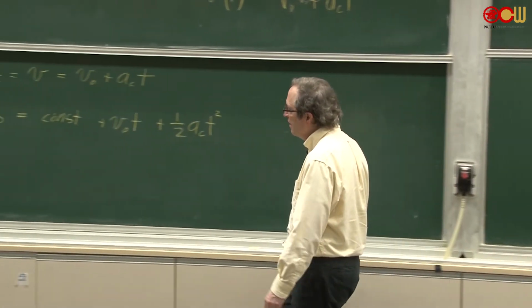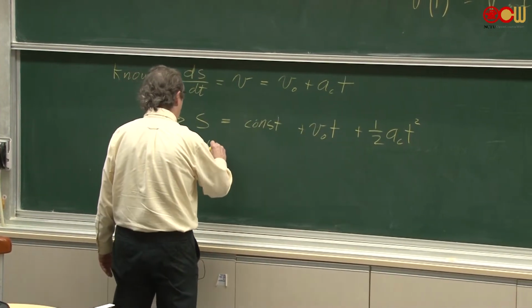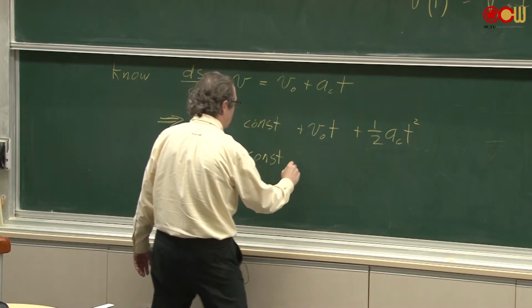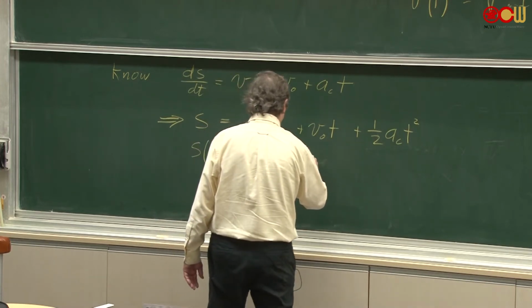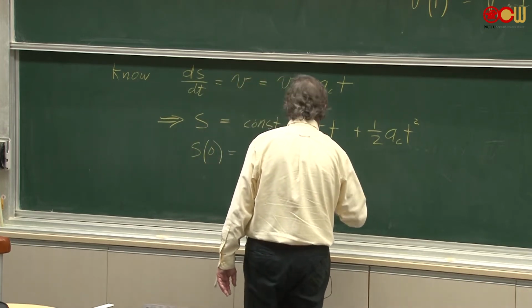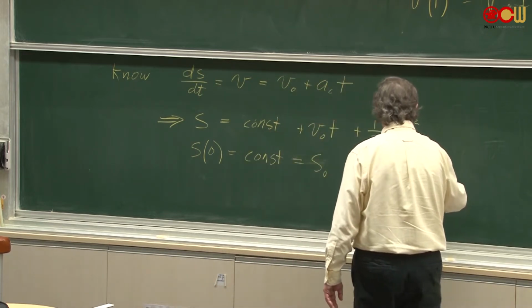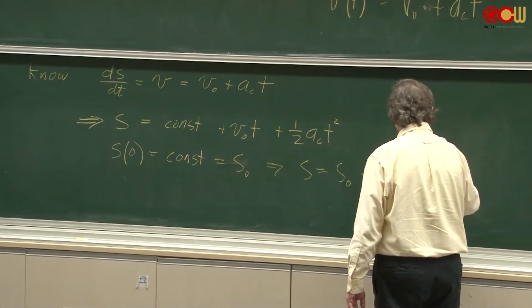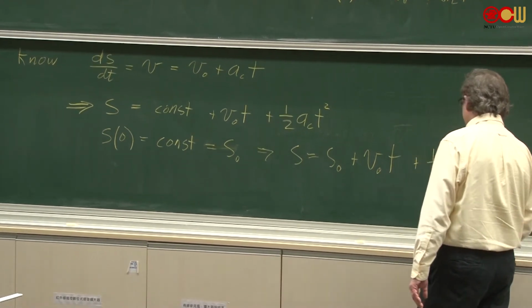And again, we notice that s of 0 is equal to the constant. All right? So we just set that constant equal to the initial position. All right? So this implies s equals s0 plus v0t plus 1/2 ac t squared.